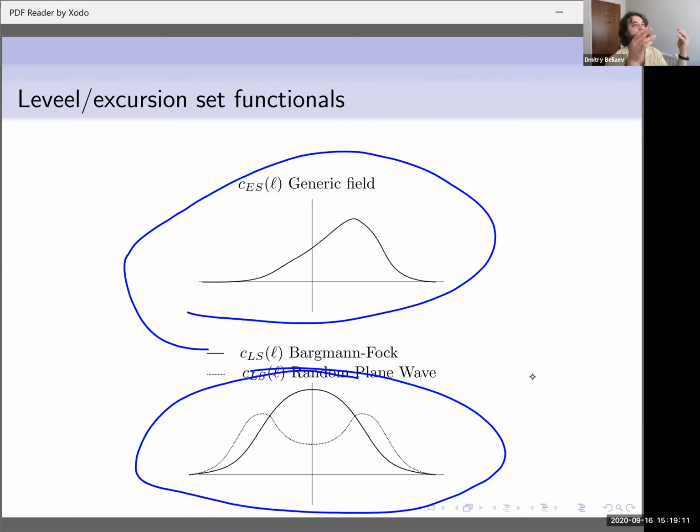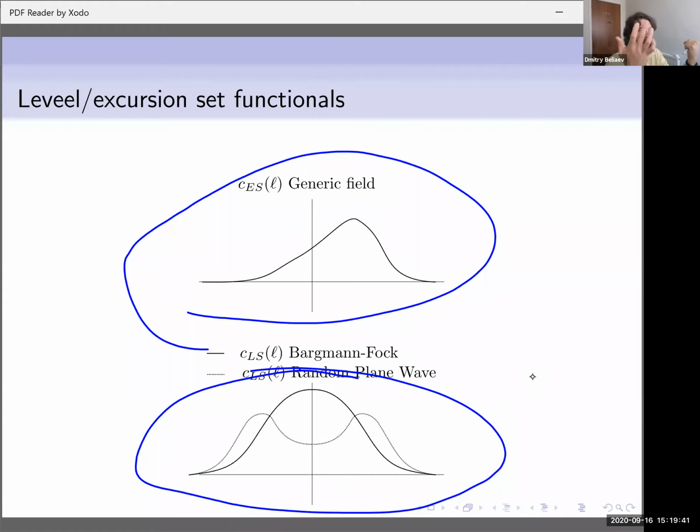At the end of the day, when you talk about very high levels, you are talking about large deviations. And large deviations are usually easier than what happens in the bulk. Because when you take an extremely high level, which is much higher than the variance of your field, then there are extremely few domains.